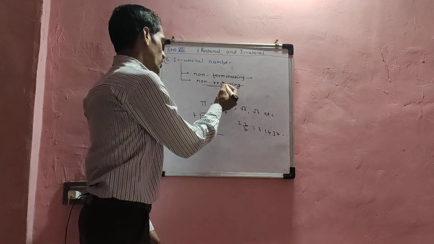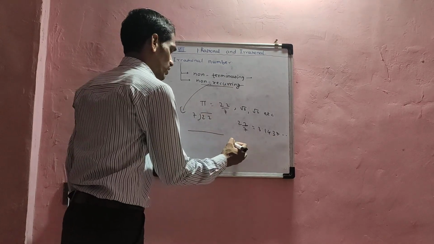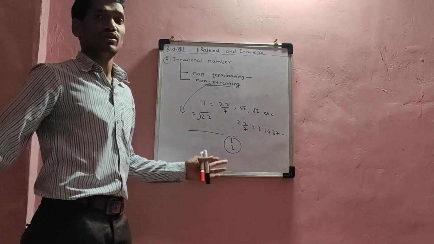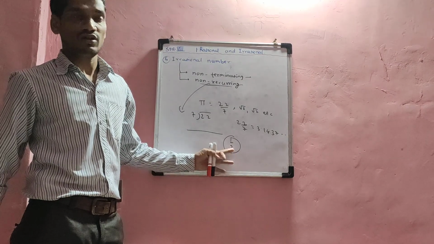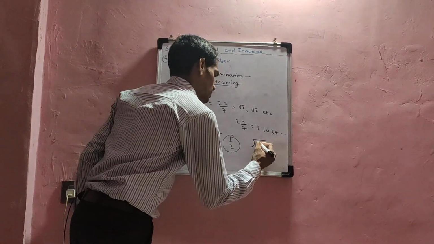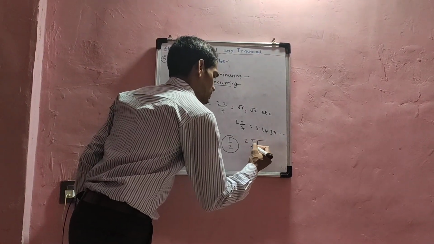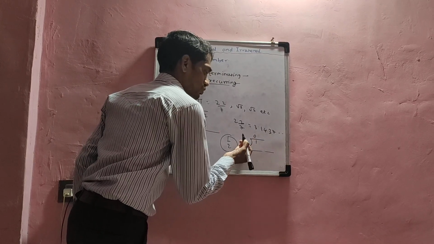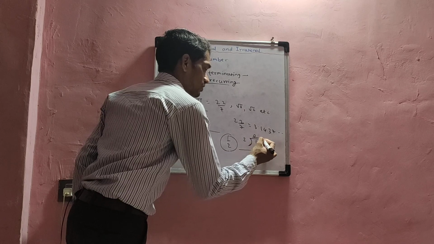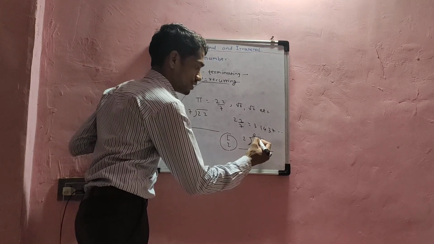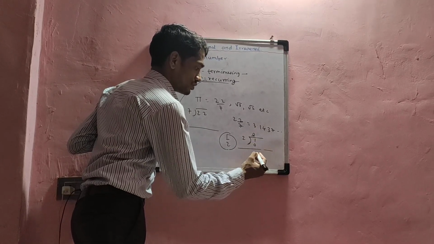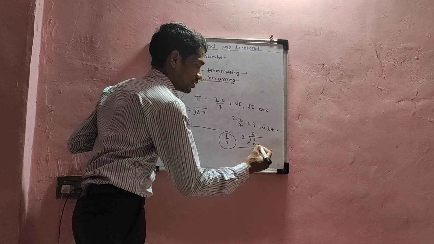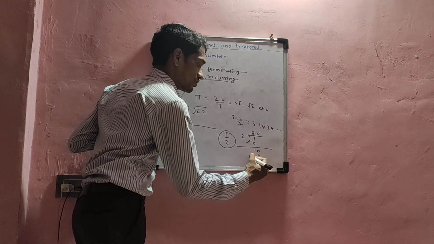Say for example, if I take 1 by 2, it is a terminating number. If you divide it, 2 is bigger than 1, so I have taken 0 here. 0 1s are 0, the point is taken, 2 5s are 10.